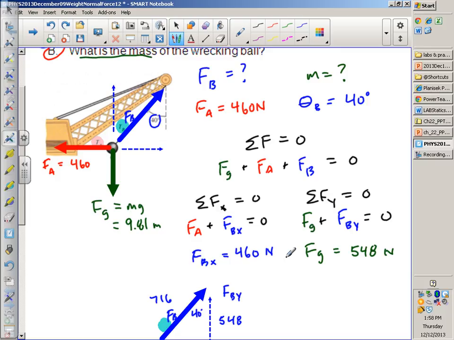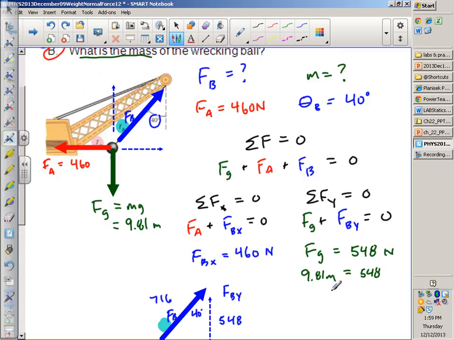But that's not what this problem asked us for, right? What did the problem ask us for? It asked us for the mass. We know that F_g we can calculate by mass times 9.81. And if we call this one negative, because this 9.81 is a downward acceleration, it would also be negative too, right?